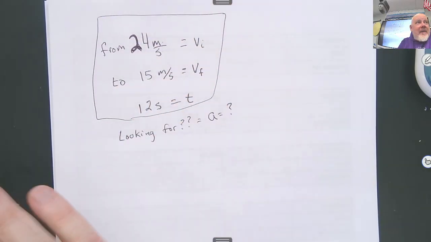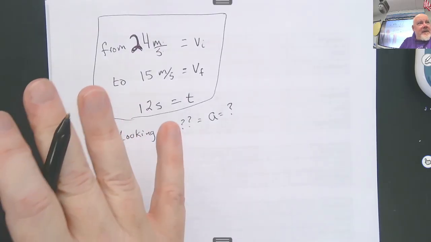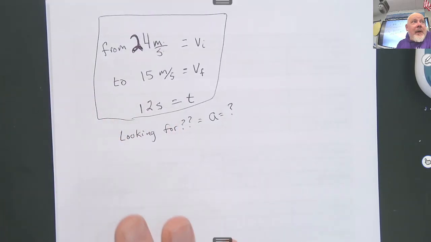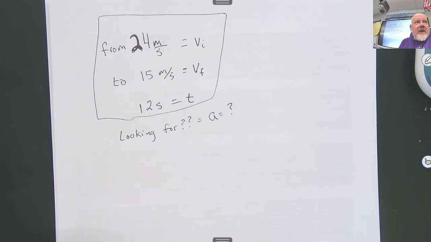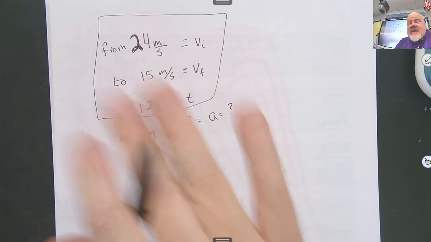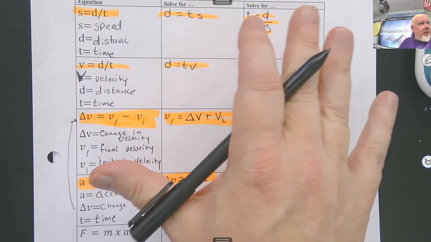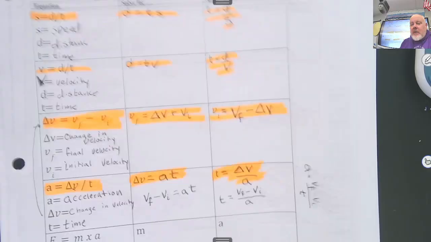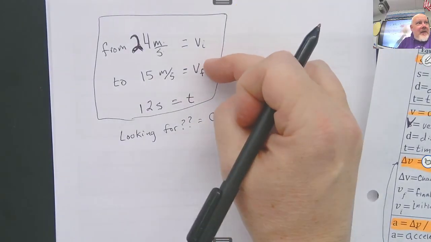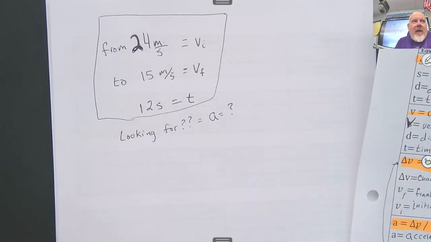Now, I've given you everything that you need at this point to solve this question. From this point on, you have two things you need to do that are made super simple. One, you have to determine which formula to choose. Two, you have to take that formula and put these numbers into it. I call that plug and chug. You plug those numbers into the formula and you chug out the answers.